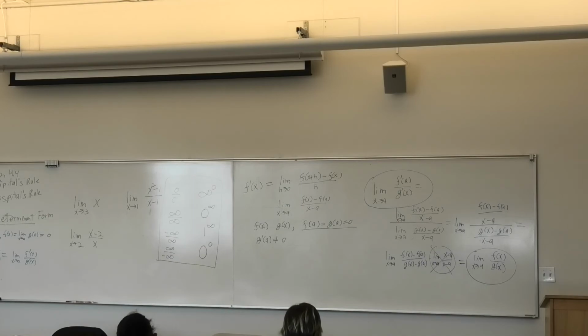That means that if we have this indeterminate form, f of x over g of x going to 0 over 0, we can try evaluating this limit, the one with the derivatives. And that's going to turn out to be exceedingly useful.